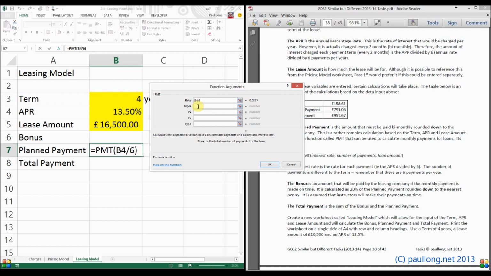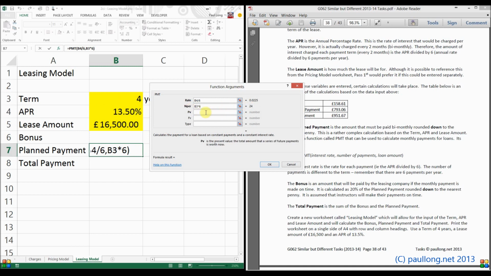NPER is the number of payments, the total number of payments for this lease. So that is going to be the term of the lease multiplied by 6 payments per year. So we can see here there will be 24 payments if we have a 4-year lease.